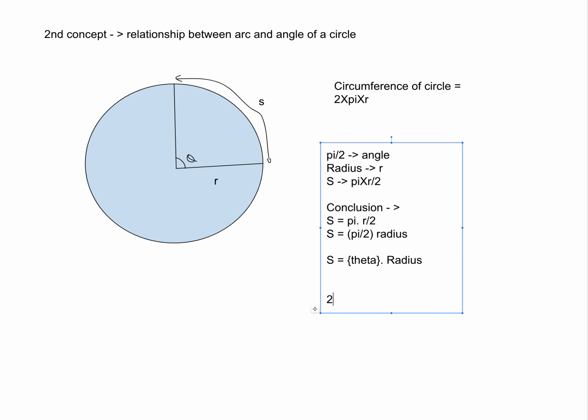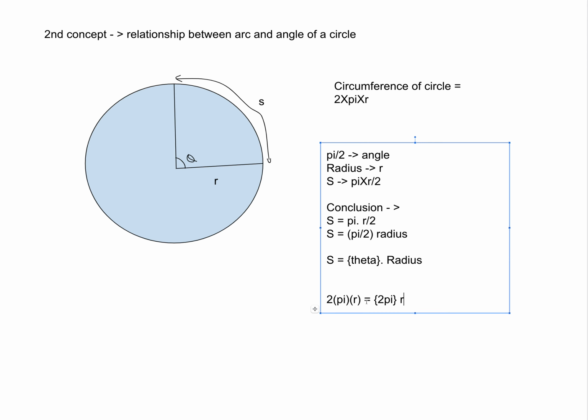Okay, this becomes the arc, which is the circumference, because if you are considering the whole circle, this will be s. And here theta, because we are considering the whole circle, theta is basically 2 pi or 360 degrees, 2 pi radian. So it will be 2 pi, and then radius will remain radius.